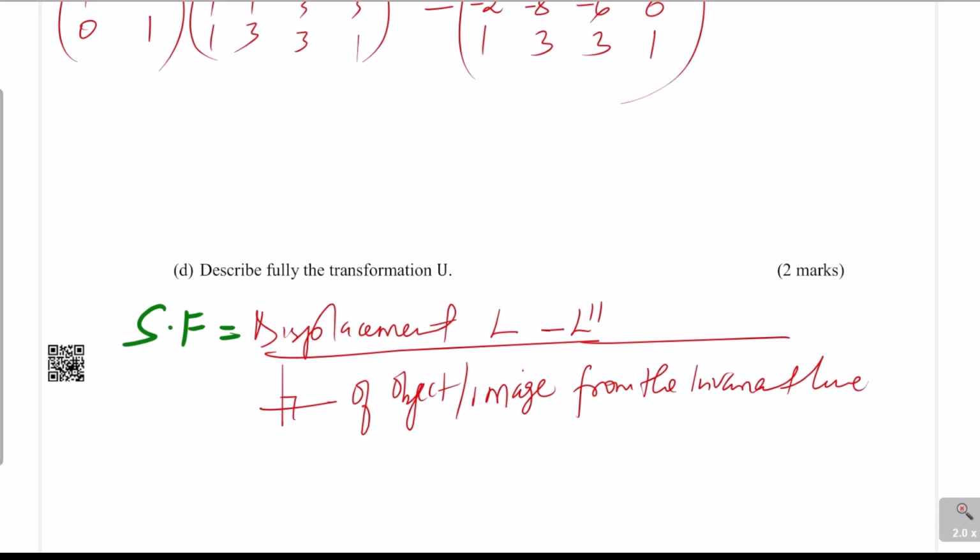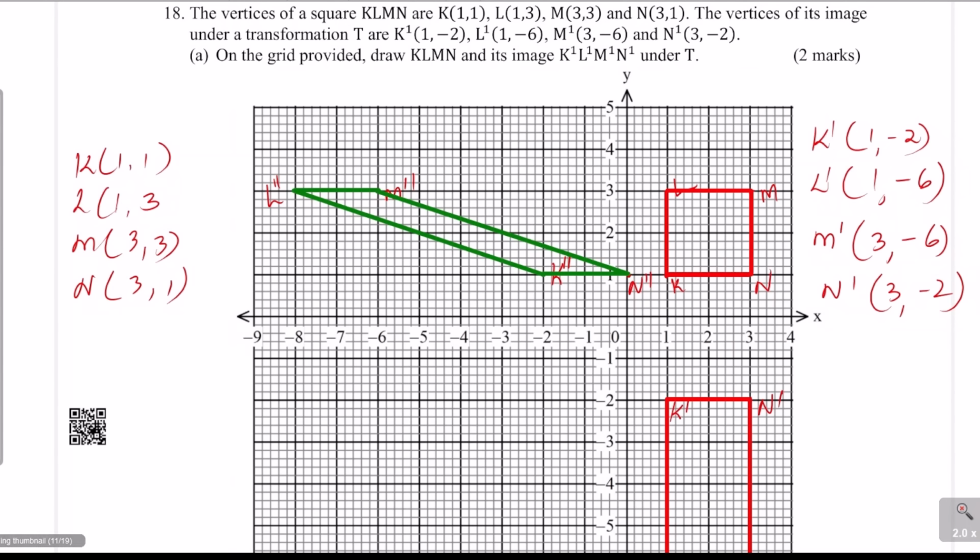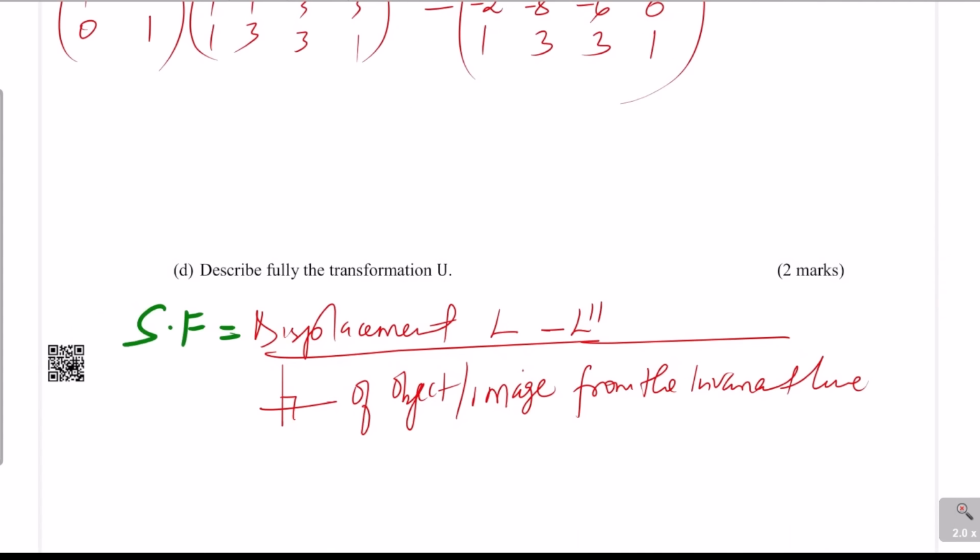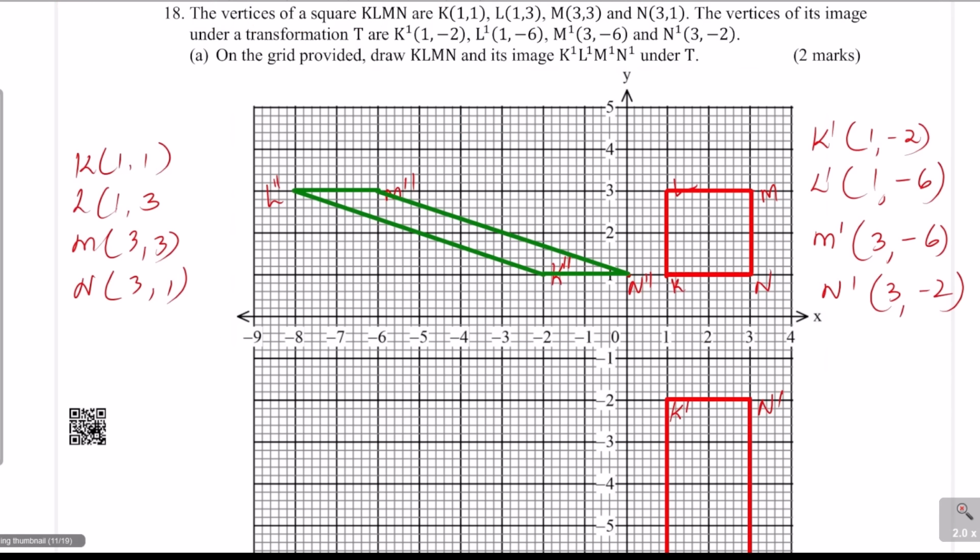Now, I've mentioned the invariant line. How do you identify the invariant line? Look at these points here. To get the invariant line, there is also a way you do it. If you want to get it, you simply take the image line, let's say L double prime, K double prime, and extend it to join with LK. So in the diagram I'll do that.